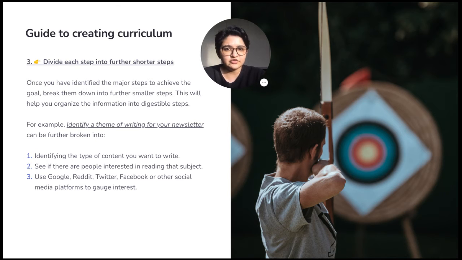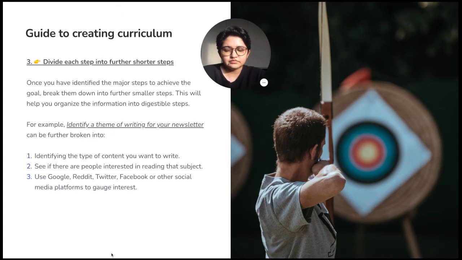For example, for the outcome of acquiring 1,000 subscribers for your newsletter, the first step was to identify the theme of writing for your newsletter. So how do you identify the theme of writing for your newsletter? Why don't you break it down into further modules, which make it very easy for your learners to figure out what they want to cover in their newsletter?